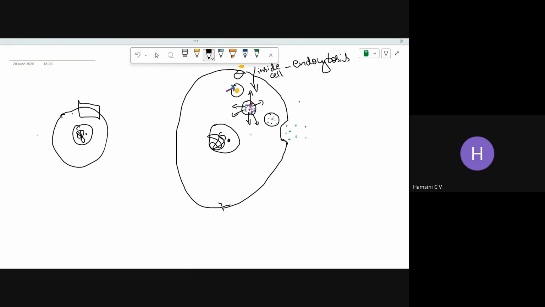Yes, ma'am. If the particle is thrown out of the cell, this process where it is throwing out, outside the cell, we call it exocytosis. Exocytosis. Endo is taking inside the cell.